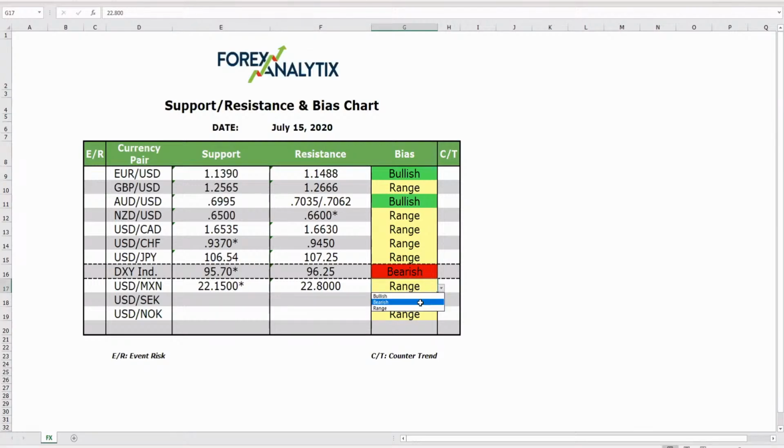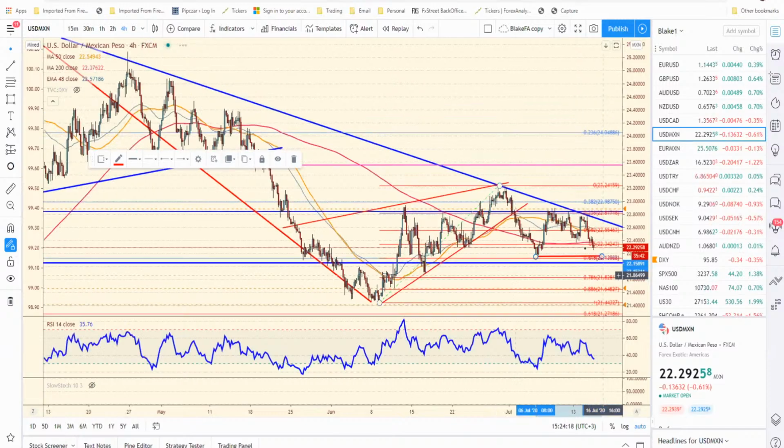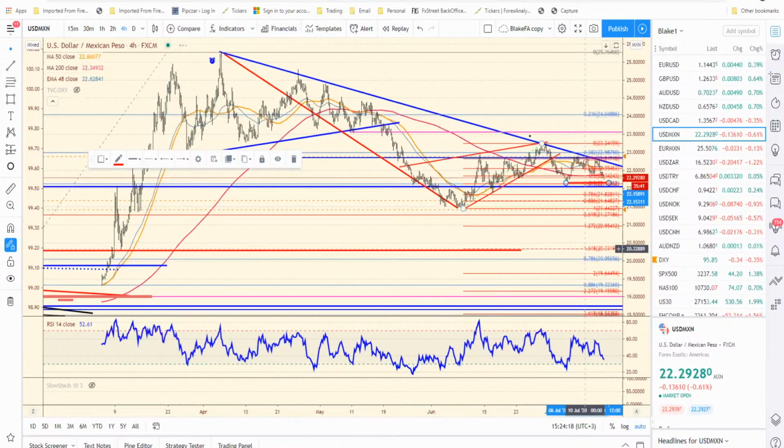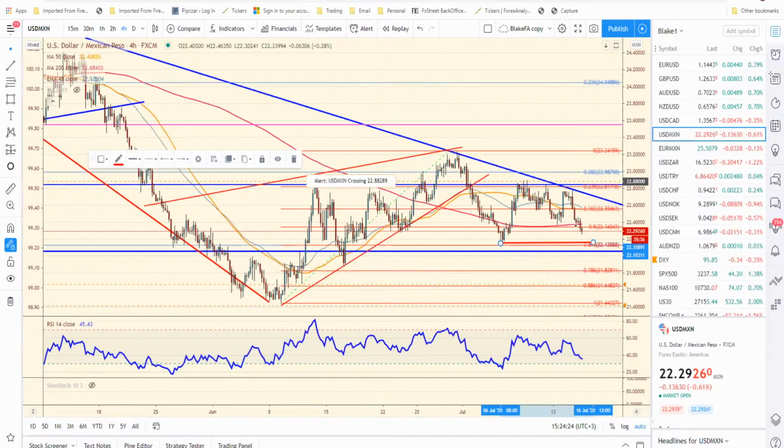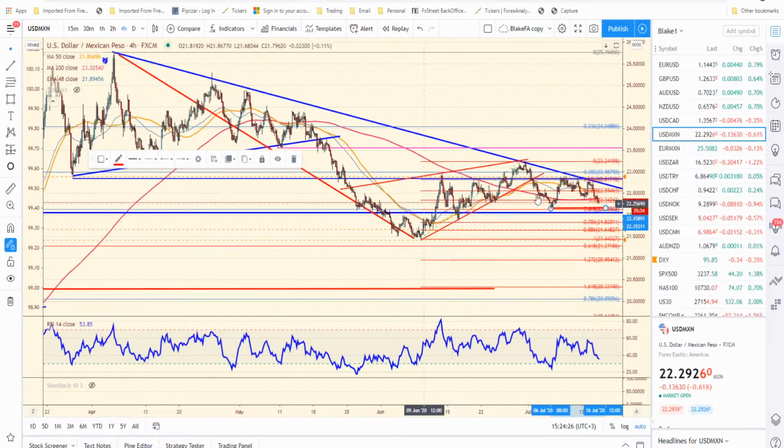But this is the type of currency pair that will turn instantly bullish if we get above this downtrend line, because that means this pennant that you see here is not following through. So I'm kind of staying away from these Nordic currencies right now.